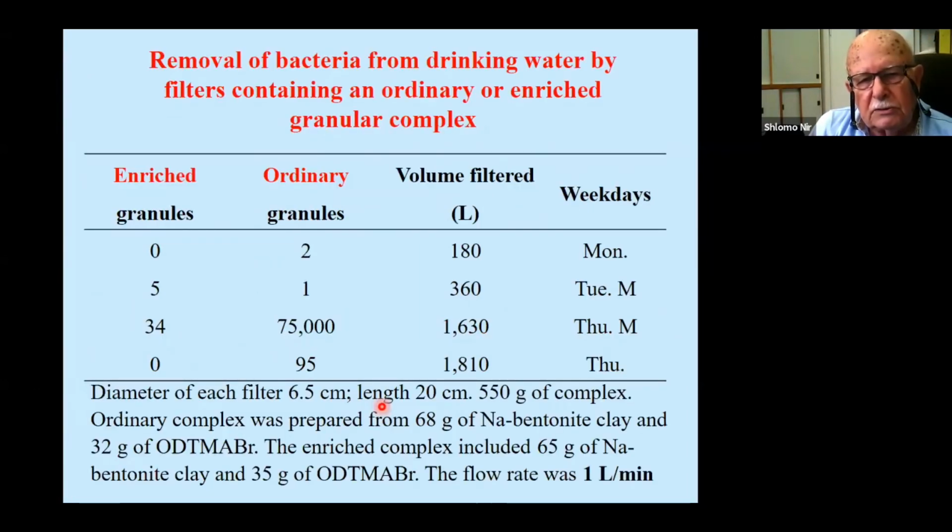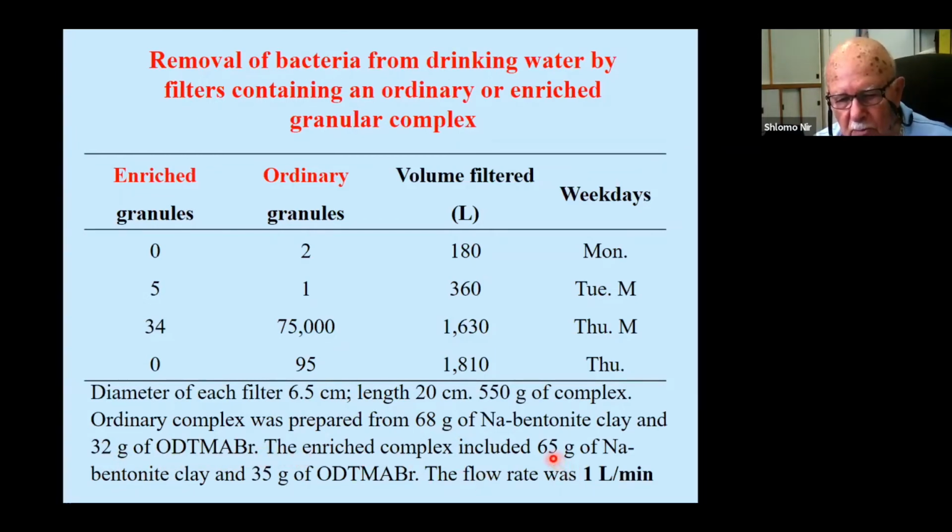We could not use BDMHDA because it became unavailable, but I solved the problem by designing a complex based on ODTMA, where less clay was used than the ordinary complex, which had 68 grams of clay versus 32 grams of the salt of ODTMA.